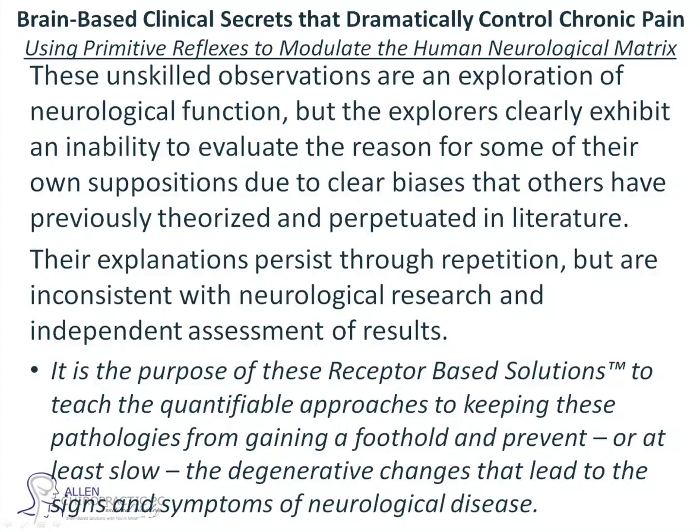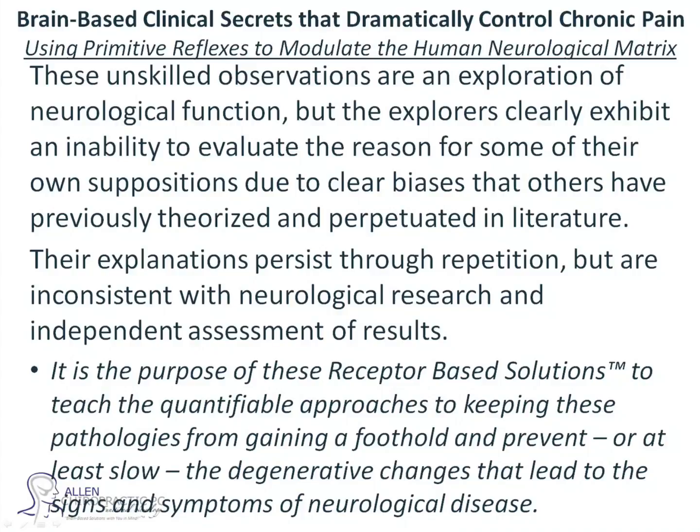These unskilled observations are an exploration of neurologic function, but the explorers clearly exhibit an inability to evaluate the reason for some of their own suppositions due to a clear bias that others have previously theorized and perpetuated in literature. Their explanations persist through repetition, but are inconsistent with neurologic research and independent assessment of results.